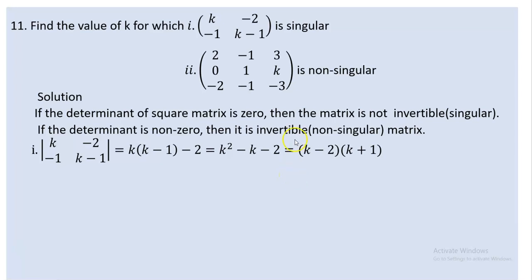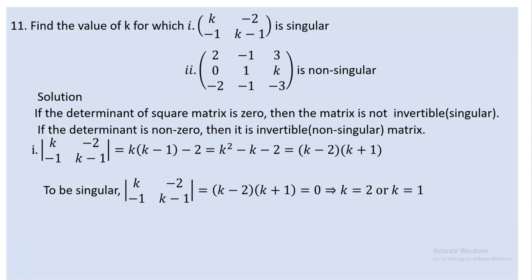Since we are looking for the case where the matrix is singular, we need the determinant to be 0. So for this matrix not to be invertible, we must look for values that make the determinant 0. This determinant is the one we obtained above. K minus 2 times k plus 1 gets 0 when either k is 2 or k is minus 1.